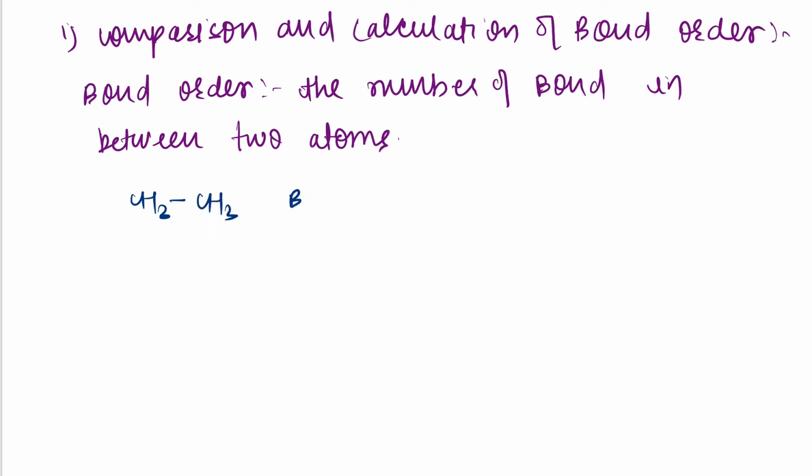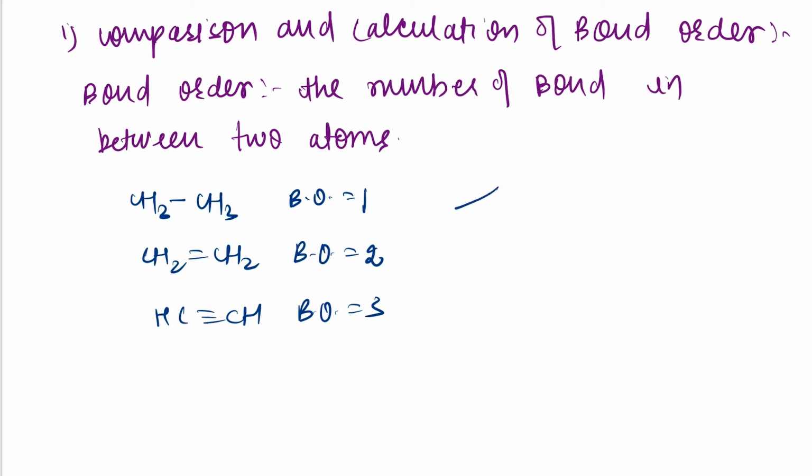Here bond order is 1. CH2 double bond CH2. Here bond order is 2. HC triple bond CH. Here bond order is 3.